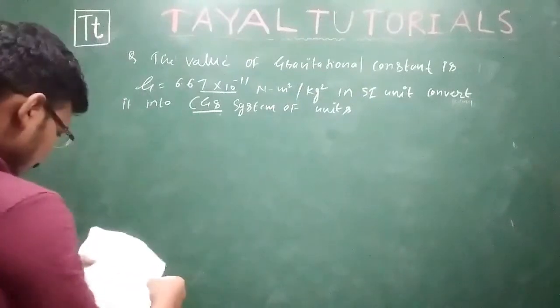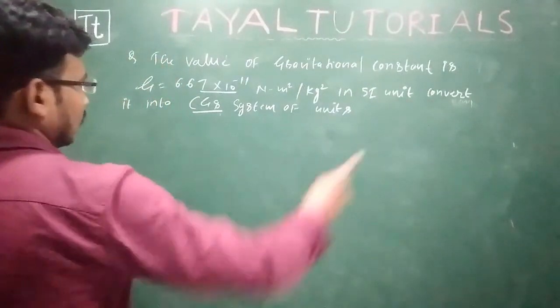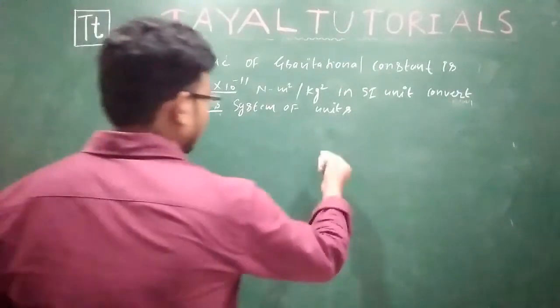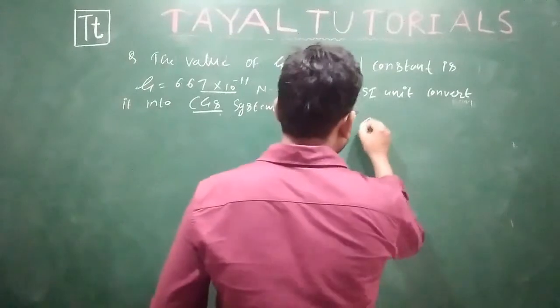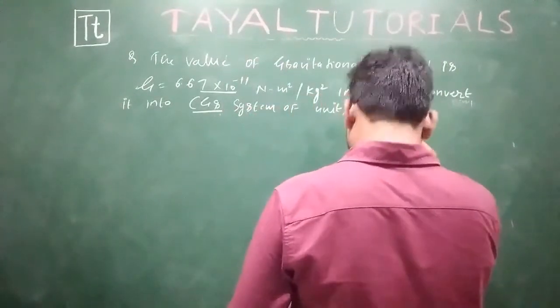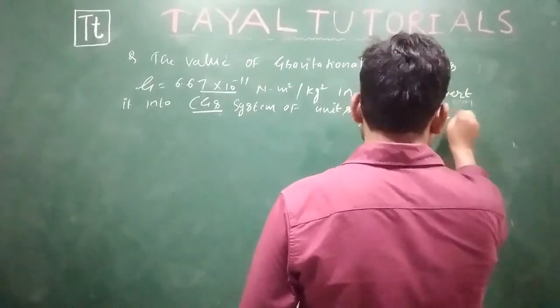In the previous video I told you the dimensional formula of capital G. We know that G is equal to m to the power of minus 1, l to the power 3 and t to the power of minus 2.